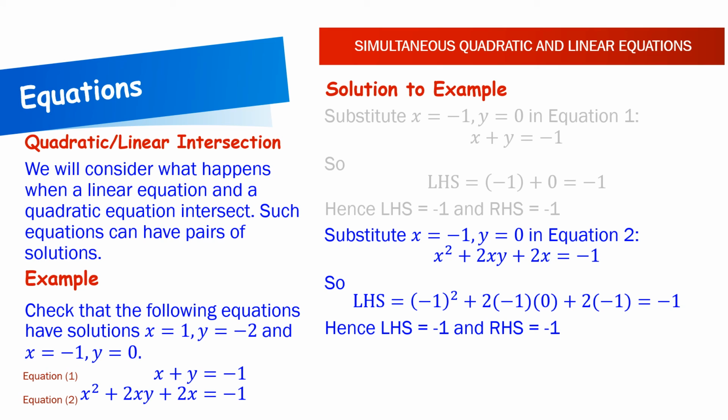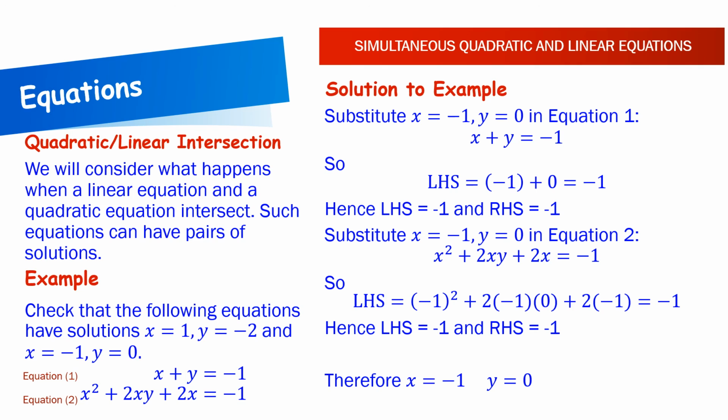So the left-hand side and the right-hand side are equal. This gives us that x equals minus 1 and y equals 0 does satisfy equation 2 as well. So this pair of solutions also satisfies both pairs of equations.